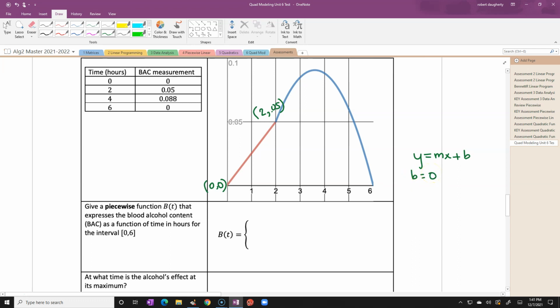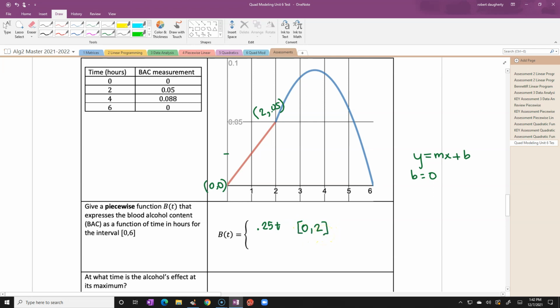What's the slope of this line? Well, if you go up 0.25, so up 0.25 over 1, the slope of that line is 0.25. So this is just 0.25t. That is the first part, and that's valid from 0 to 2.